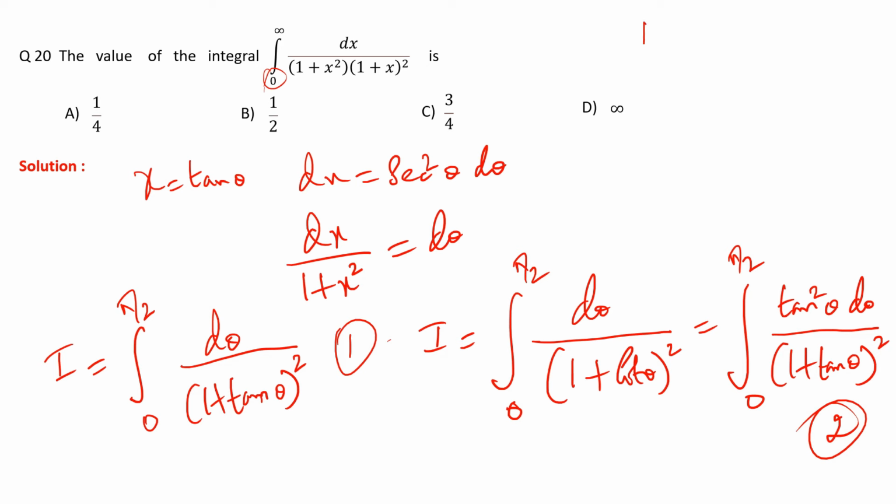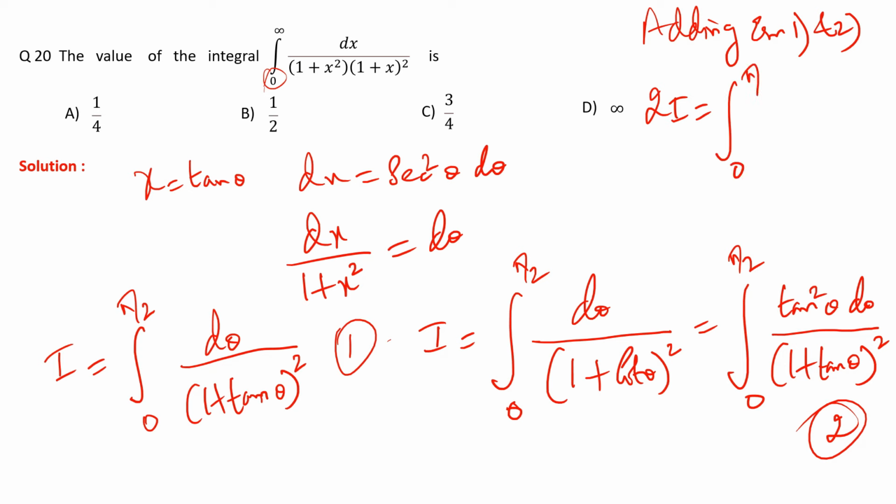Let's add equation 1 and 2. So what do we get? We get 2I equal to 0 to pi by 2 because the limits of both of them are the same. So 2I becomes integral 0 to pi by 2, (1 plus tan square theta) d theta divided upon 1 plus tan theta whole square.